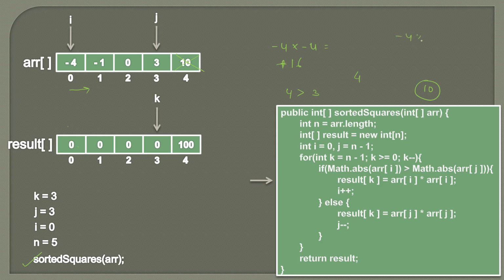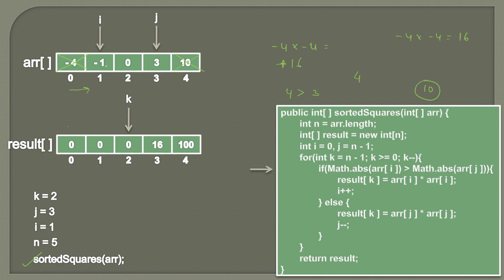So -4 into -4 will give us 16. So we'll simply assign 16 here. And as we have used this -4, we'll increment I. So I will point to index 1. We'll decrement k because we have used this spot. K is greater than or equal to 0.